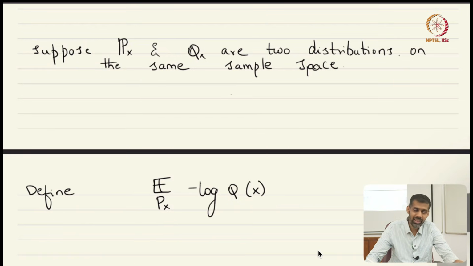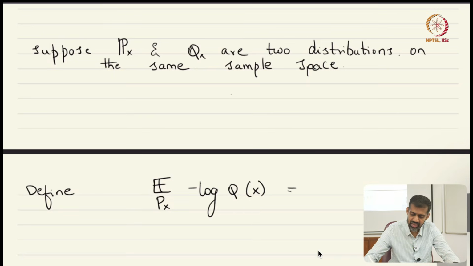While the samples are actually coming from a Gaussian distribution with mean 0, I am wrongly thinking that my samples are coming from a distribution with mean 3. I compute surprisals for all samples and then take an average. What am I computing? I am computing the information that Q contains with respect to P, or rather the mistake that I am incurring by wrongly assuming that my reality is Q while it was P. Okay. So you can interpret it in multiple ways, and this has a name.